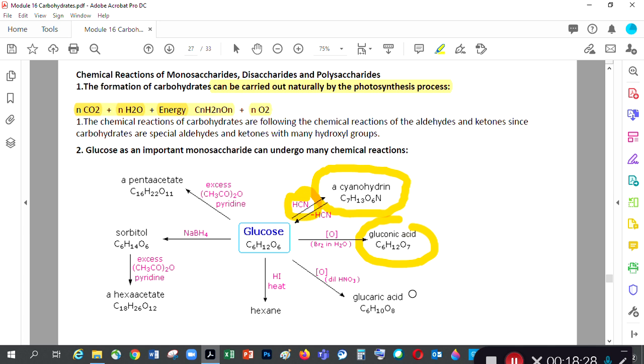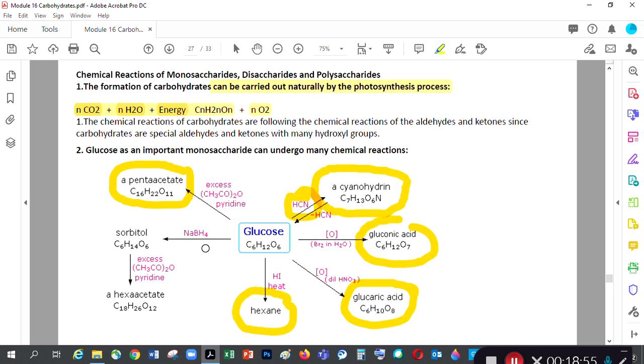It can go another mild oxidation with diluted nitric acid, and you get glucaric acid. You can heat it, not that much, in the presence of HI, and you can make hexane. You can let it react with excess acetic acid anhydride in the presence of pyridine, and you get a pentaacetate. You can reduce it further.